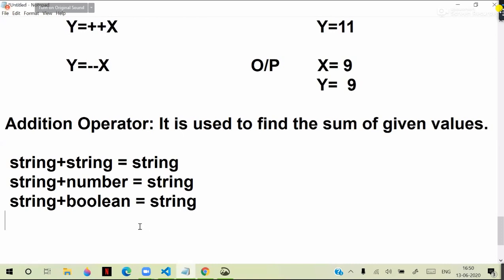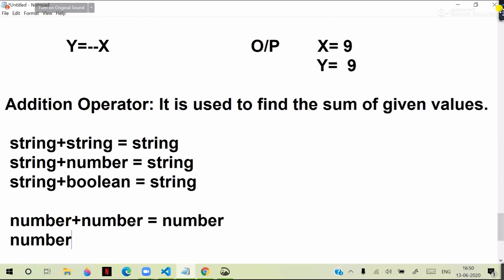Here, addition operator. We have string plus string, string plus number, string plus boolean. Anything you add with a string will be a string only. That is the first thing. But important: number plus number returns a number.